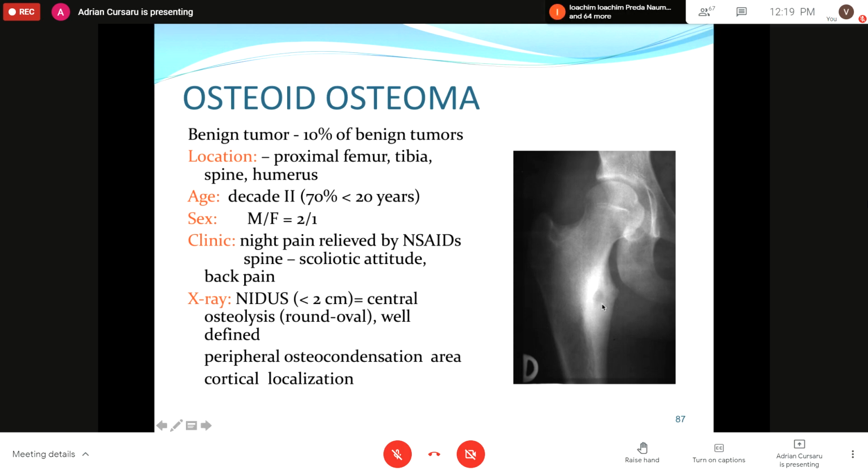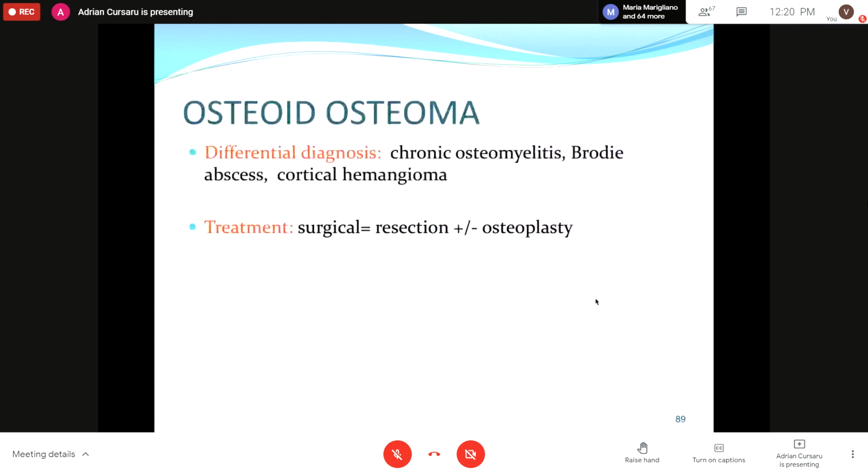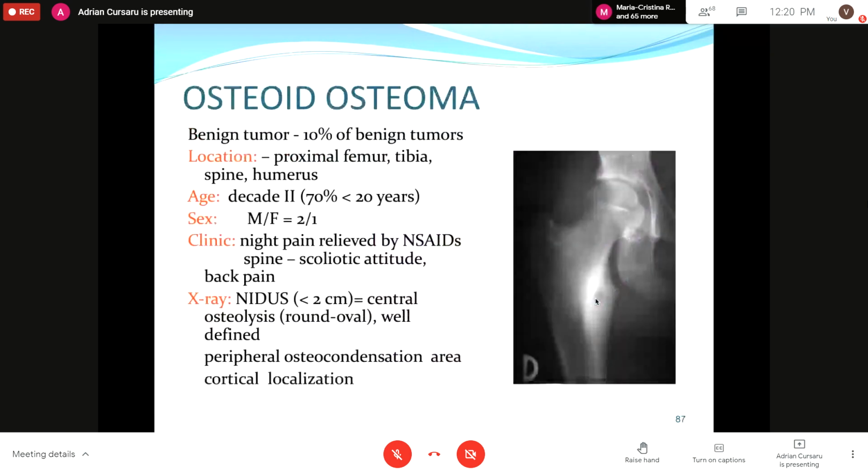We have a big osteolysis on the periosteum, and inside that osteolysis there is an osteocondensation lesion, a nidus, which is round, oval, well defined, and specific for that type of tumor. The treatment is surgical resection and osteoplasty, but it is very important to remove that nidus.